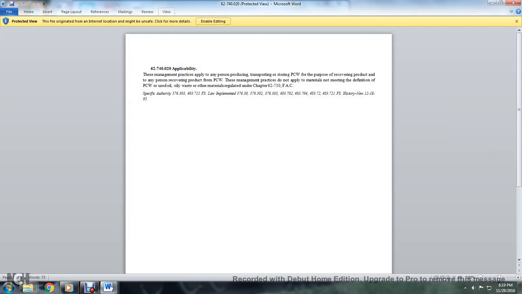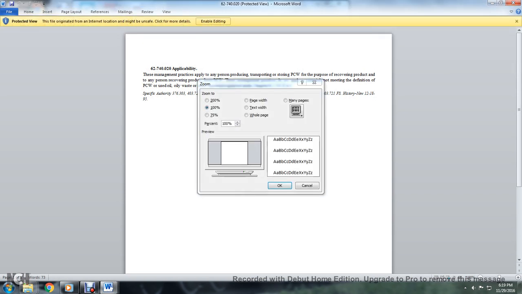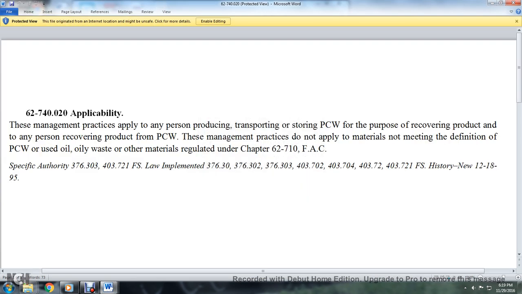All right, the applicability. The management practices apply to any person producing, transporting, or destroying petroleum contact water for the purpose of recovering product, and to any person recovering the product from the petroleum contact water.